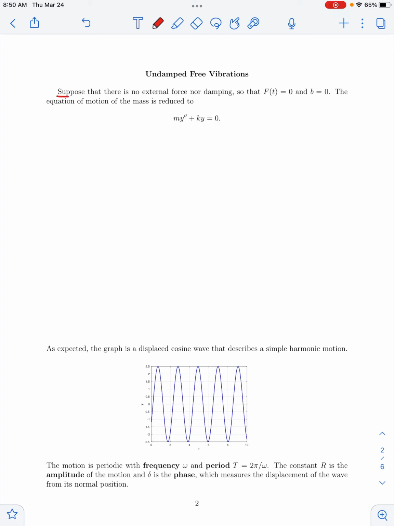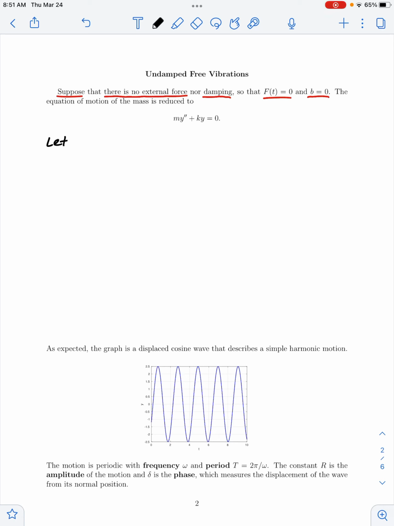So let's start here by supposing that there is no external force being applied to our system, so that the F of t function is 0, and there is no damping, so our damping coefficient b is equal to 0. So in this case, our equation of motion is reduced to my double prime plus ky equals 0. So we have here a homogeneous second-order linear differential equation with constant coefficients, and we know how to solve this.